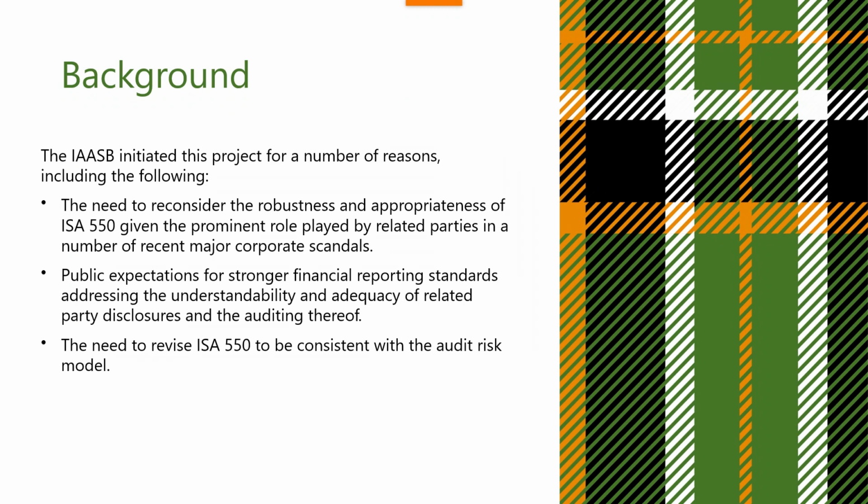The public demanded stronger audit standards. Because of this, the IAASB revised and improved ISA 550. Another reason was to align the standard with the audit risk model. This means the auditor must focus more on risk while planning their audit. Let's move forward to the objectives of ISA 550.